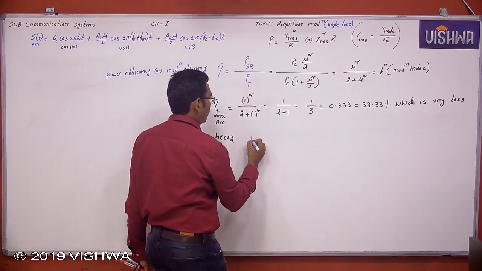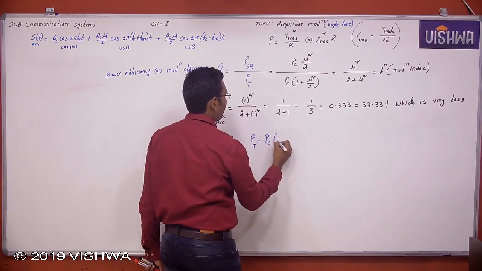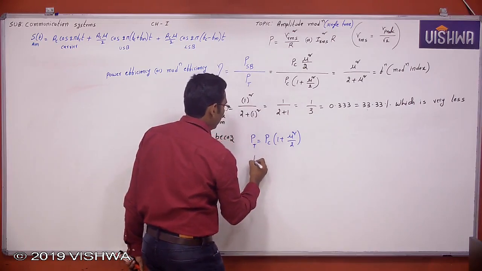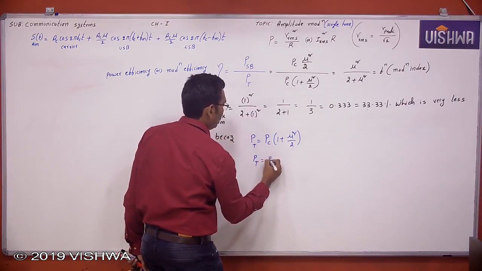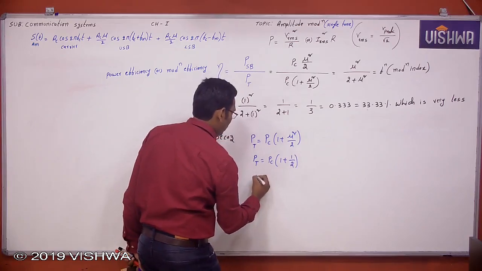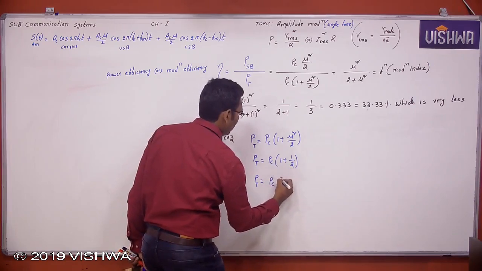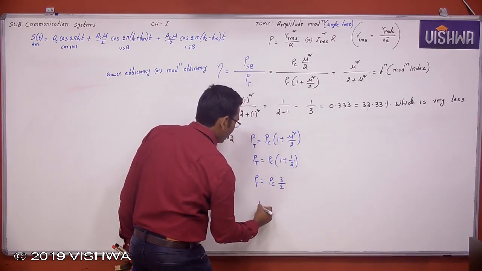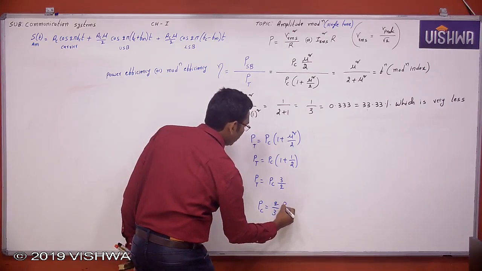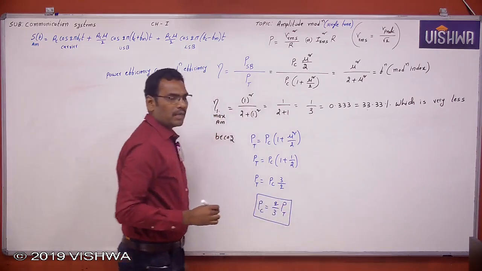Now you see, what is the total power? The total power is Pc into 1 plus mu square by 2, and with mu equal to 1, it is Pc into 1 plus 1 by 2, which is Pt equals Pc into 2 plus 1, 3 by 2. Therefore, what is the carrier power? The carrier power is 2/3 of the total power.